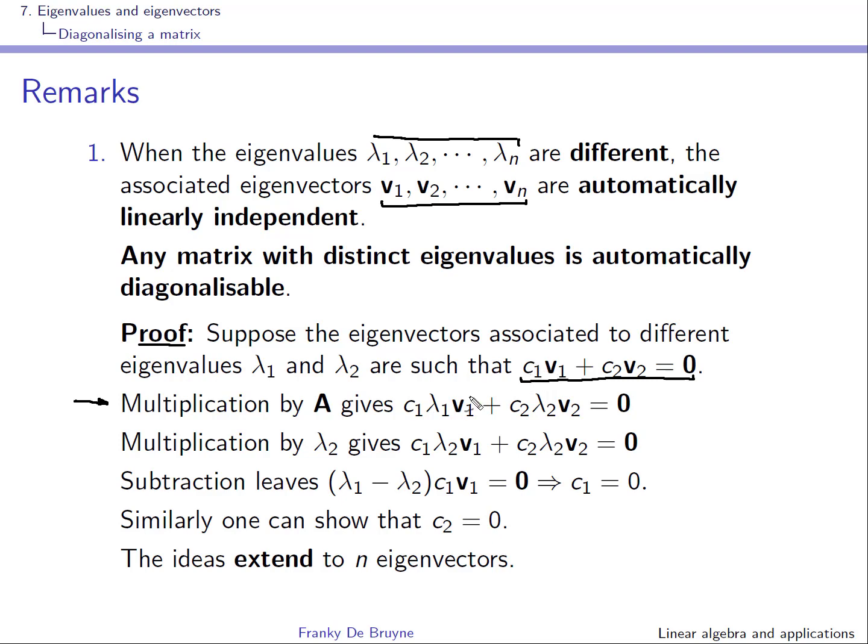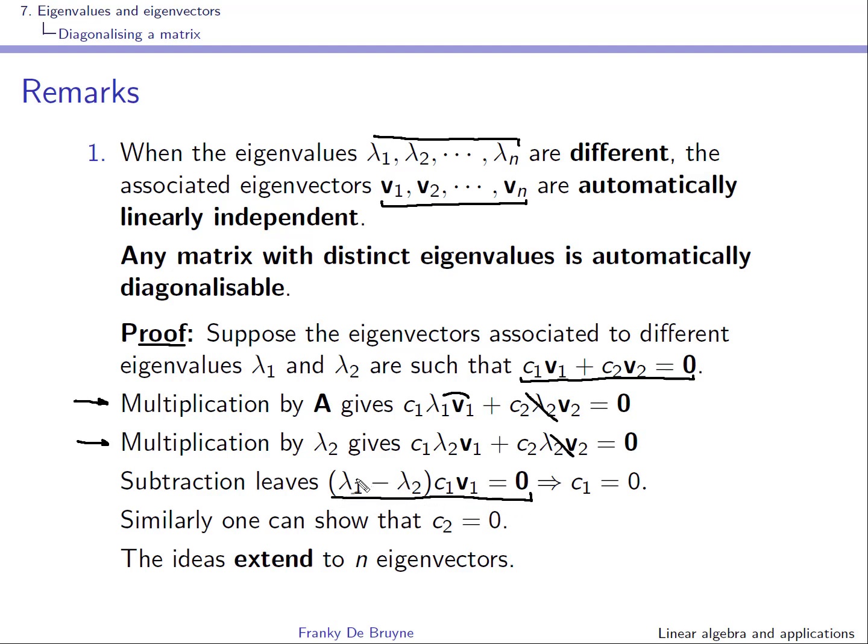A v1 is lambda 1 v1 and A v2 is lambda 2 v2. Secondly, we take this equation and we multiply it by lambda 2. This will lead to this equation here, and now we take the difference. Okay, so this term will cancel out and we have this equation over here.